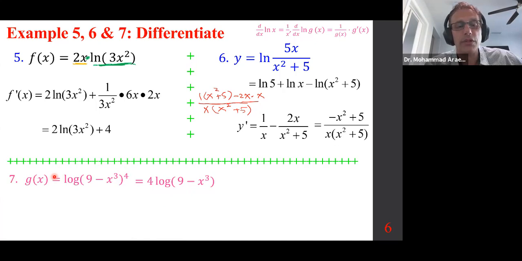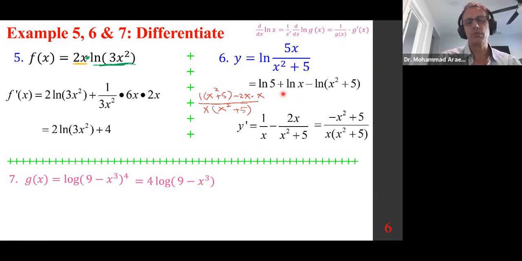Now we are going to differentiate. How do we do that? First, we're going to use the steps that we have here, and then I'm reminding you what is missing here. So 4 times, you are going to go with this function g of x and flip it over, 1 over 9 minus x cubed, 1 over g of x.